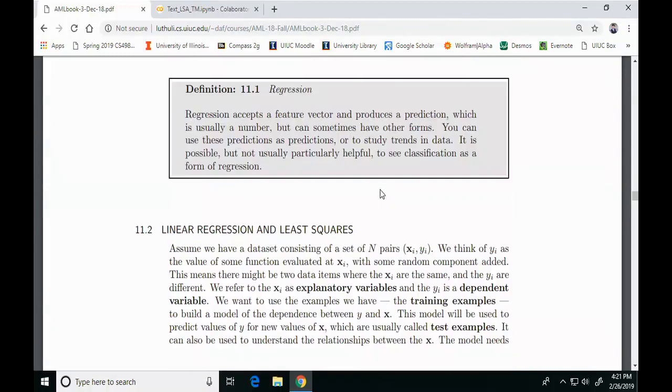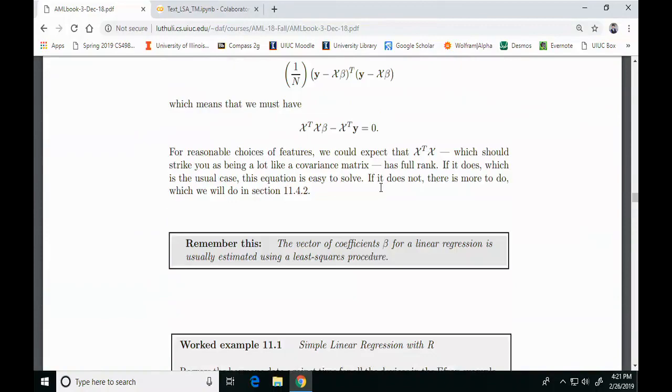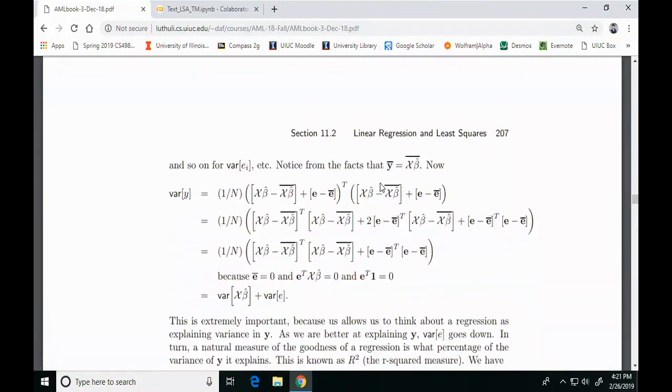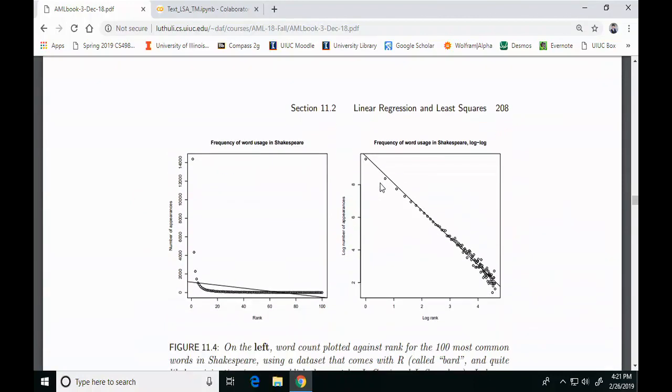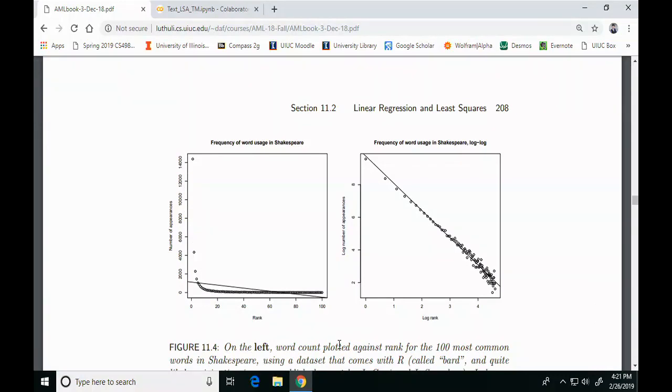We also have an example further down in the book. Apparently really further down in the book. Here's an example. This is basically the rank of terms versus the number of times they occur in all the texts that Shakespeare wrote.